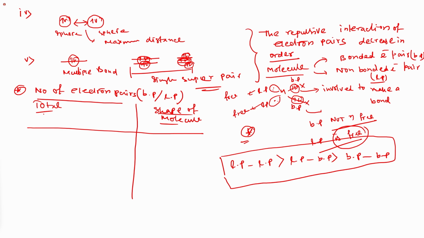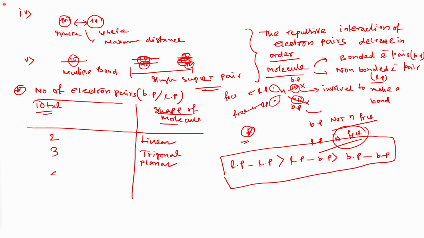This is the total number of bond pairs plus lone pairs. Suppose the total number of electron pairs is 2, then the structure will be linear. When it is 3, the structure will be trigonal planar.